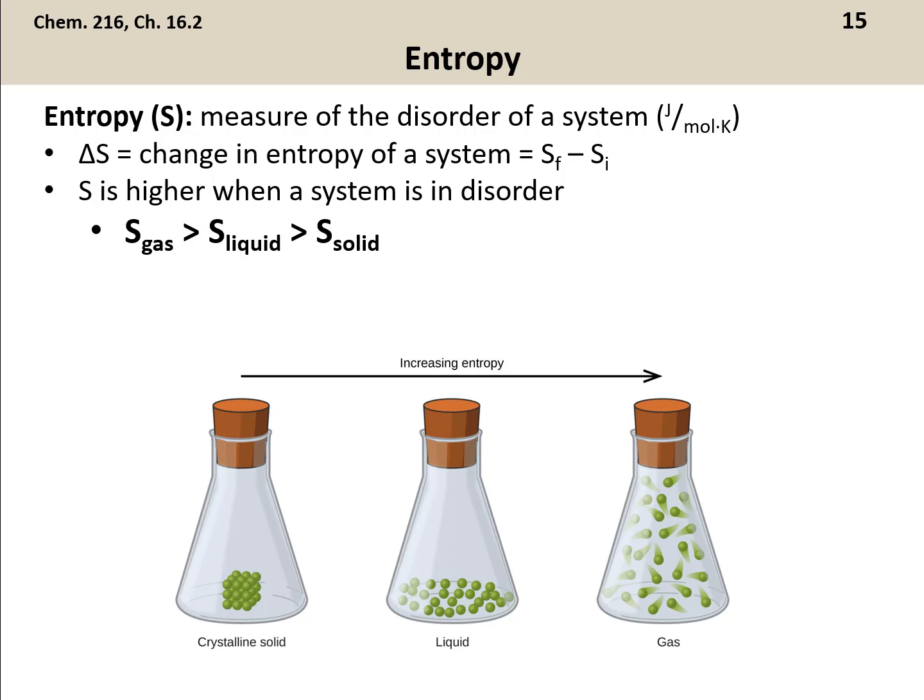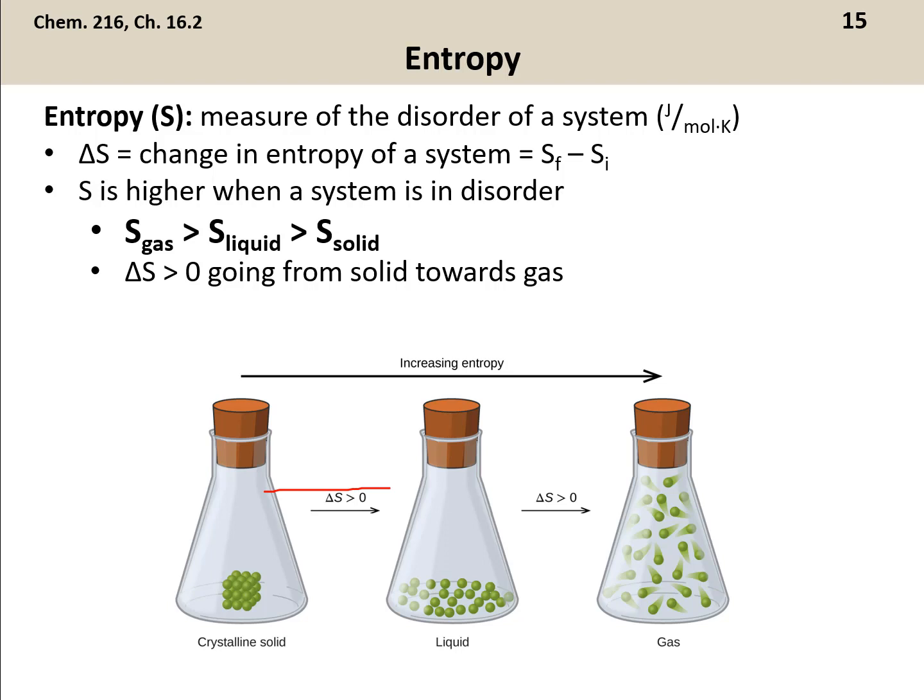So S, entropy for gas, is greater than for liquid, and it's greater than for solid. And so if I go from a solid to a liquid, or solid to a liquid to a gas, my delta S is increasing. If I go the opposite way, that means that my S is decreasing. So my delta S is less than 0, going from gas towards a solid.